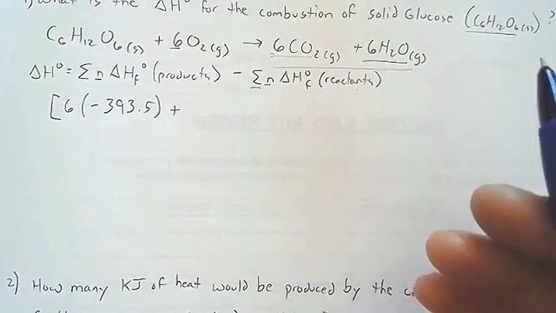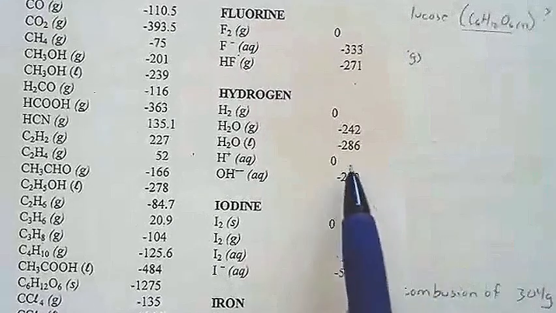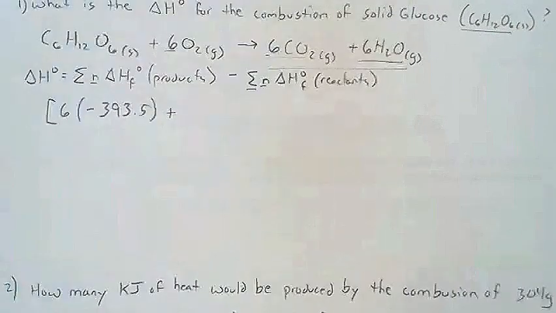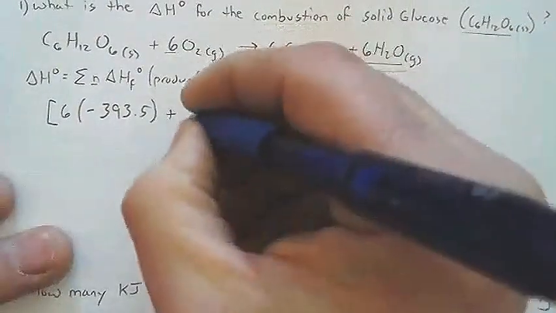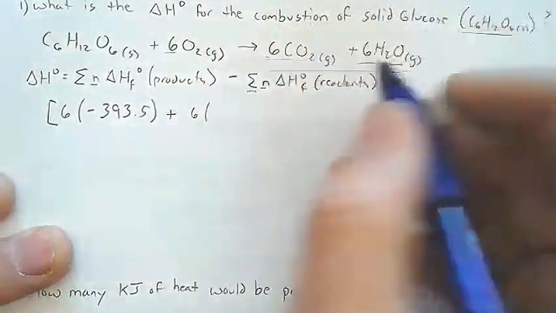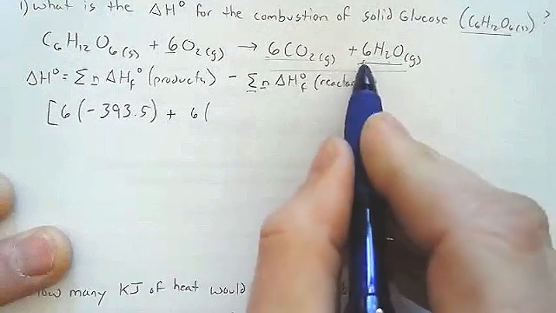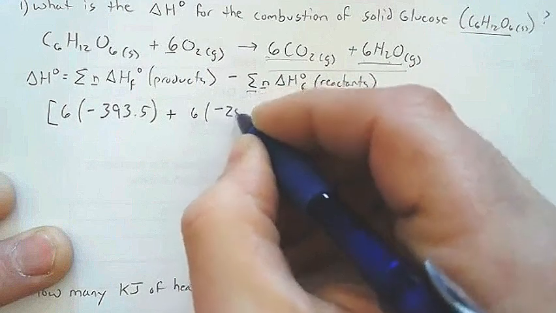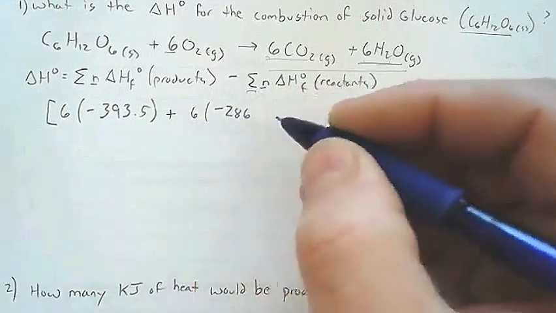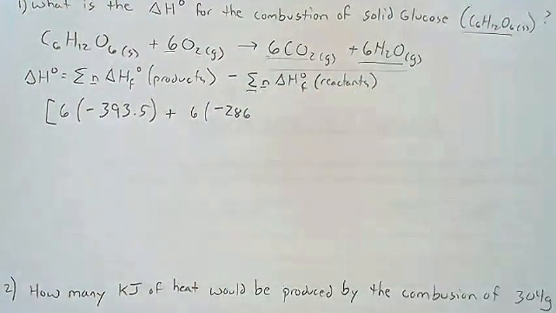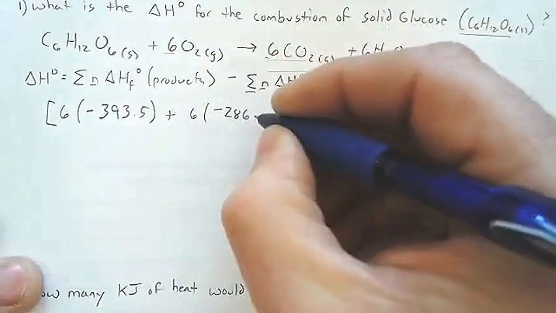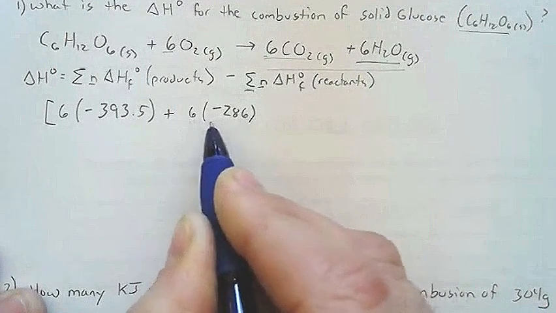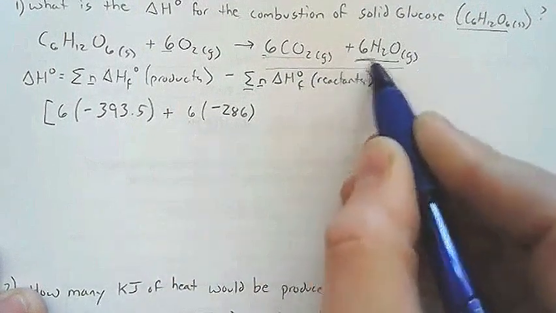Now, water, when we look up gaseous water, you see that it is negative 286 kilojoules per mole. And since there are 6 moles, because the coefficient is a 6, we have the 6 moles times the negative 286 for the water.